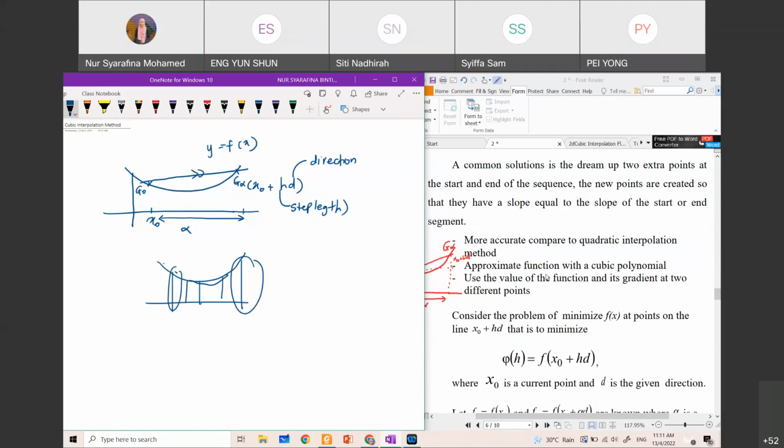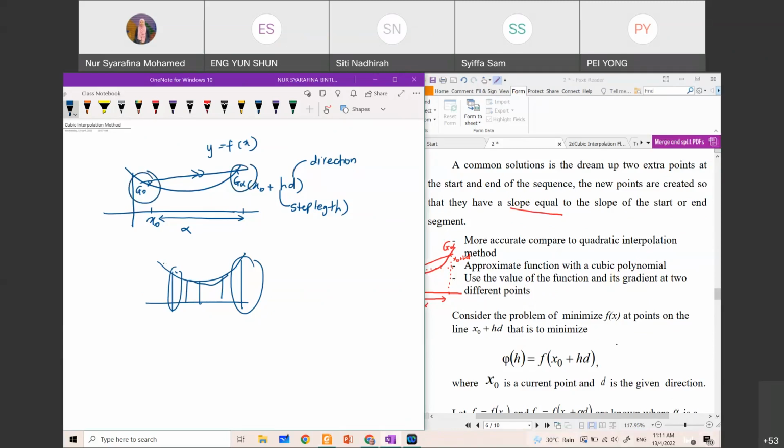But for this cubic, why is it more accurate? Because we consider the slope at the start or end of the segment. Now we approximate the function with a cubic polynomial and use the value of the function and its gradient at two different points, here and here.